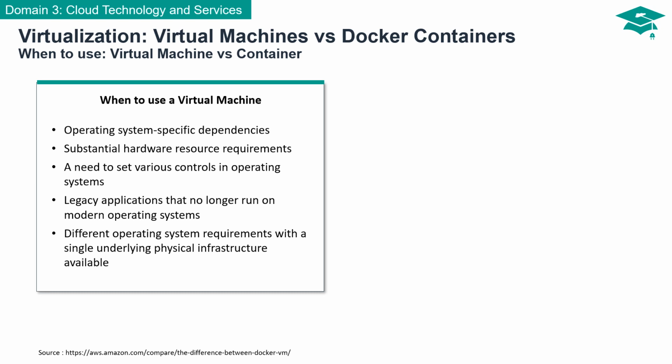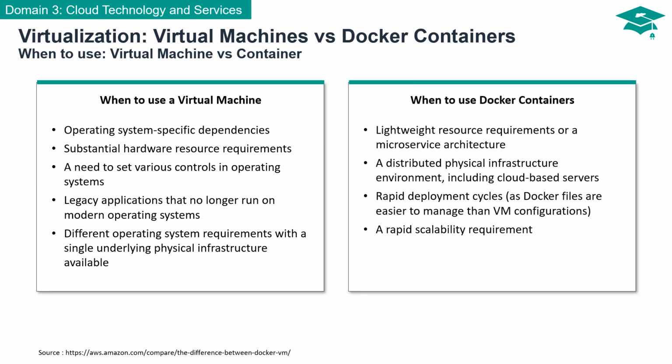If you need fine-grained control over the operating system, such as specific kernel-level configurations, VMs offer greater flexibility. When dealing with legacy applications that no longer run on modern operating systems, virtual machines can be used to maintain compatibility. In cases where different applications have diverse operating system requirements, using a single underlying physical infrastructure with VMs can help manage these variations efficiently.